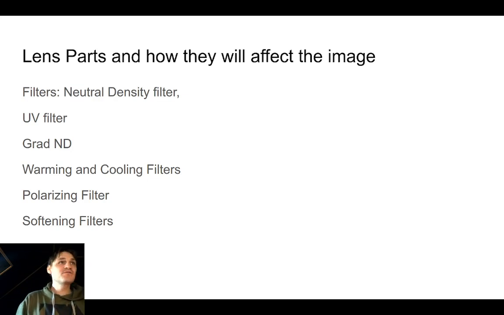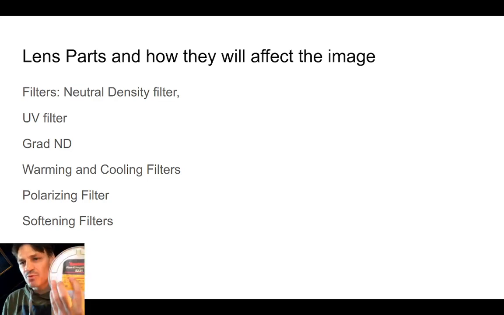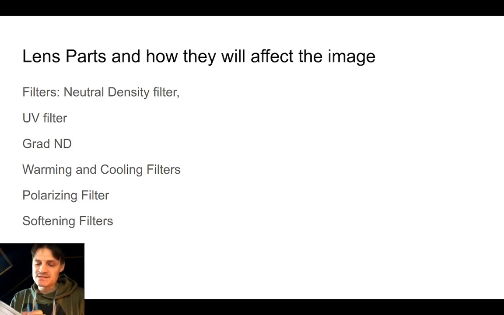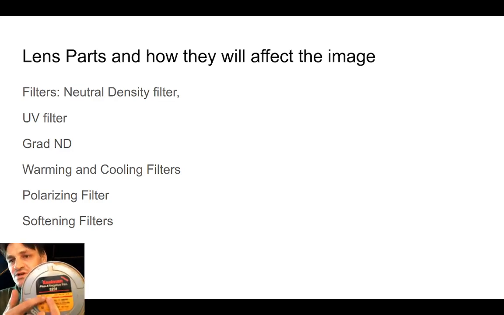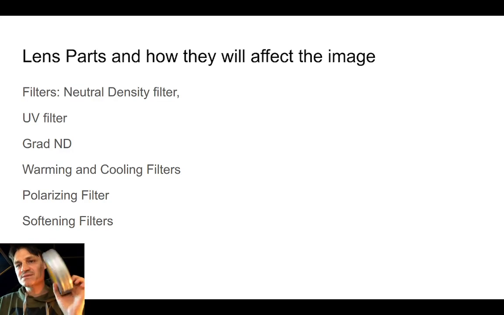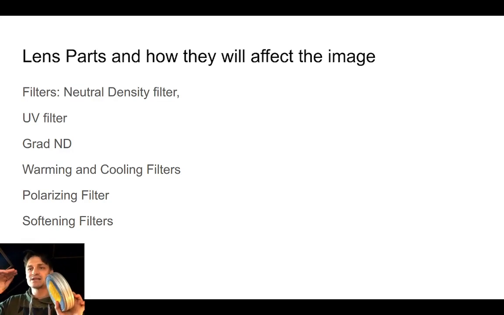So film material has a fixed Kelvin temperature. I have here one example of Kodak negative film, and you probably cannot read it, but it's written on the box: 3200. Meaning this material's white balance is set to 3200 Kelvin, which is the temperature of simple light at home.